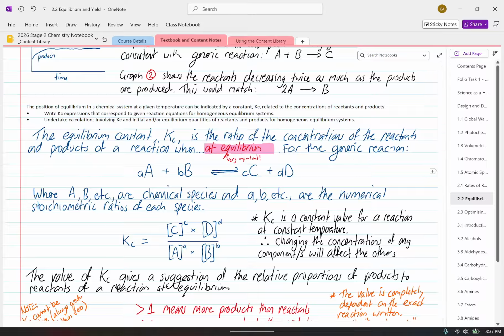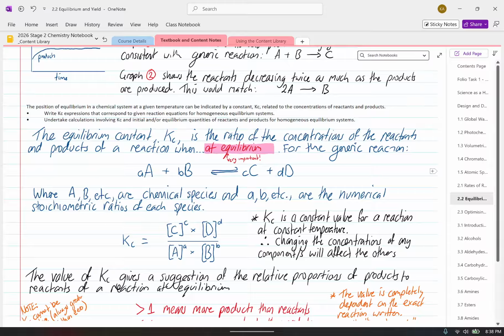So for this particular generic reaction, which is A and B make C and D in these particular ratios, we have a, b, c, and d as the stoichiometric coefficients. We can make an expression that shows us the ratio of products to reactants. More specifically, it is equal to the concentration of our products multiplied by each other, raised to the power of their stoichiometric coefficients.